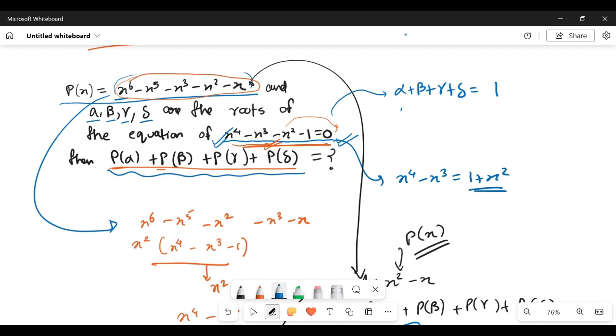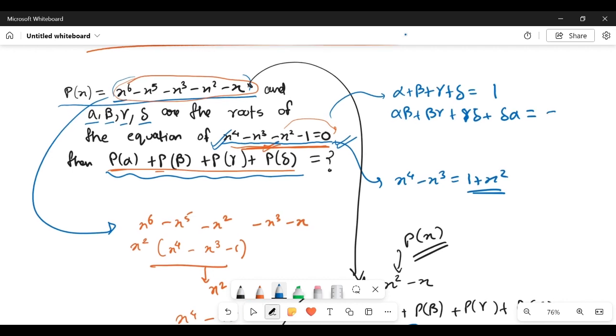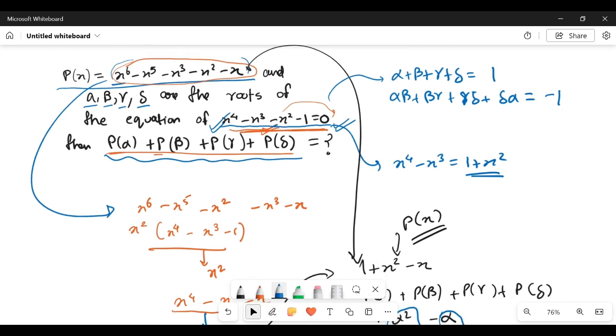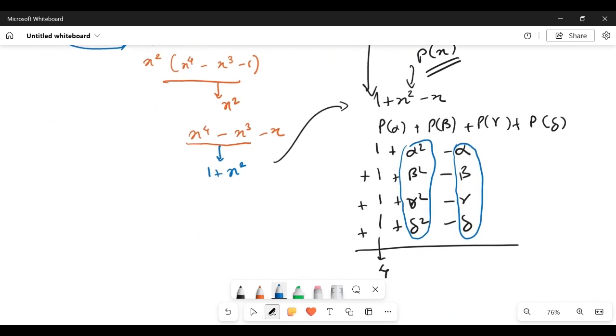Now what is alpha beta plus beta gamma plus gamma delta plus delta alpha? What is that equal to? That would simply be 1, right? Actually, you see here there is a negative sign, right? So that would be -1, in fact. Okay, so we get alpha plus beta plus gamma plus delta.